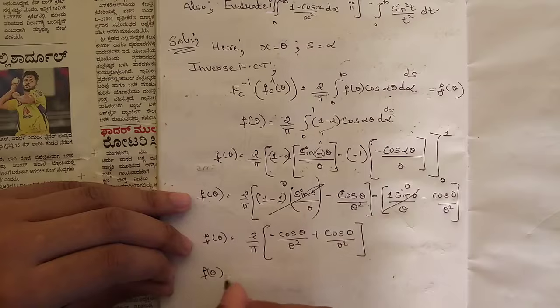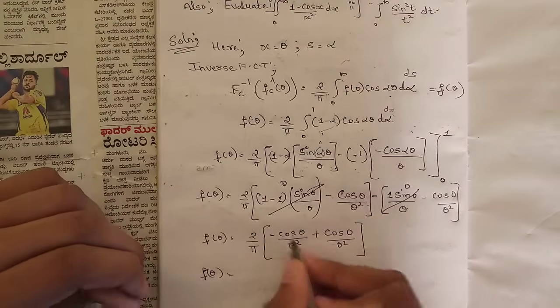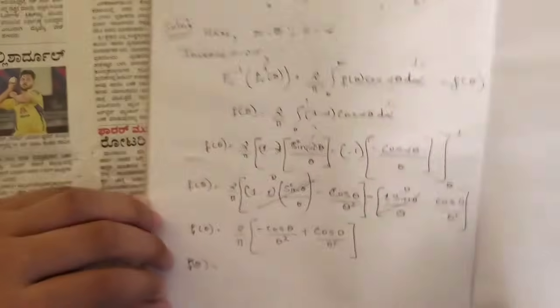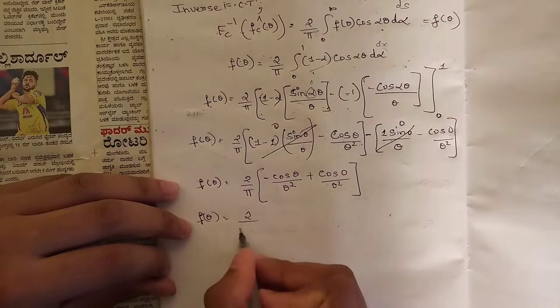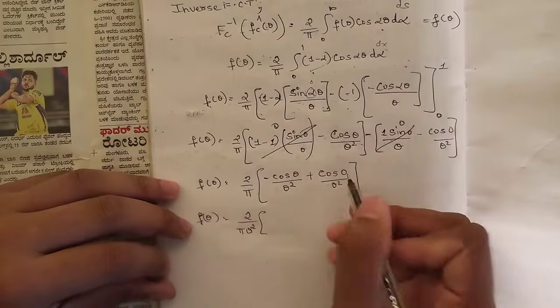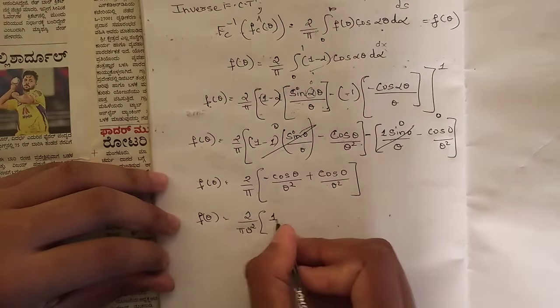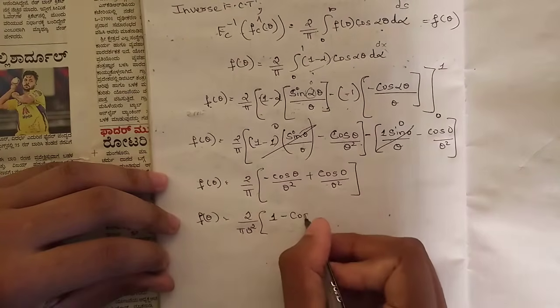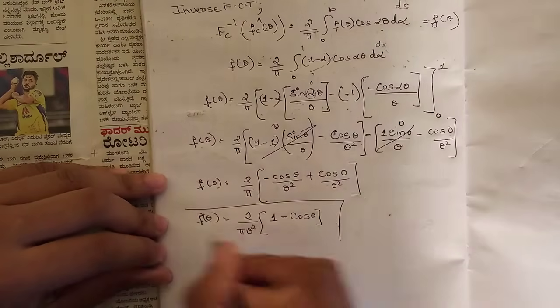So now f of theta is equal to, we can take 1 by theta square common outside. So this would be 2 by pi theta square into cos 0, let's write the positive term first, cos 0 is 1, minus the remaining term here, cos theta. So this is your required f of theta.